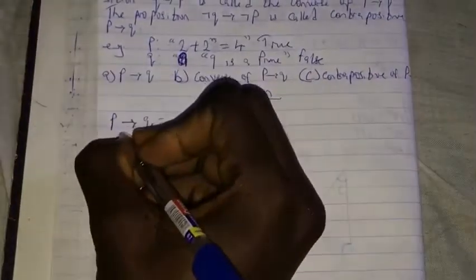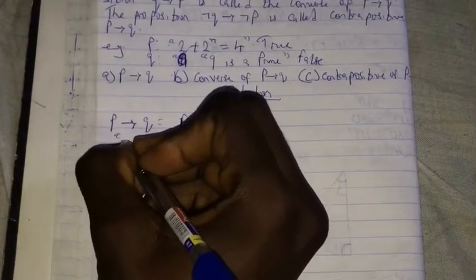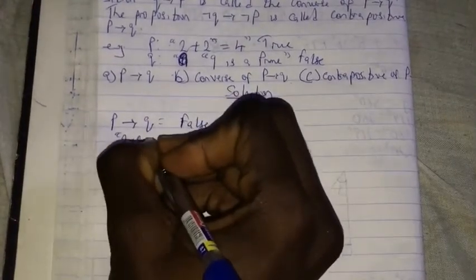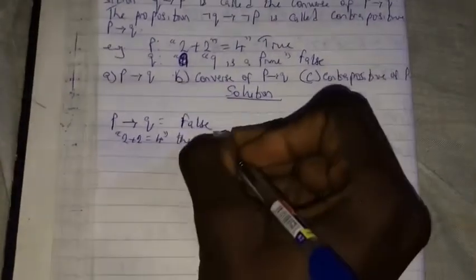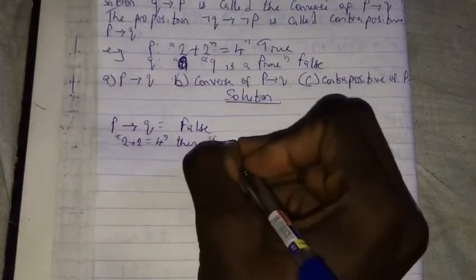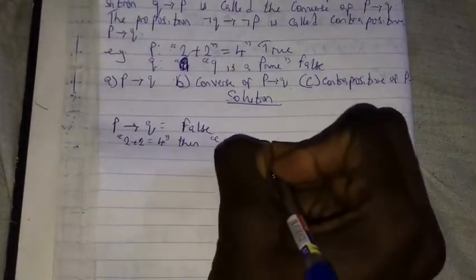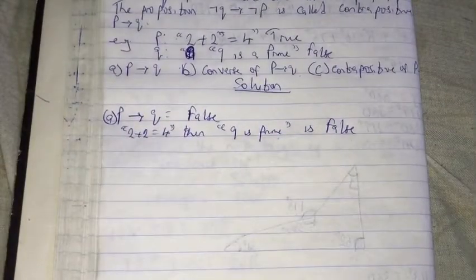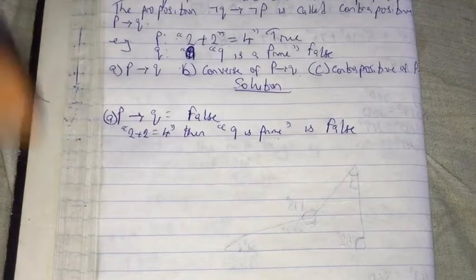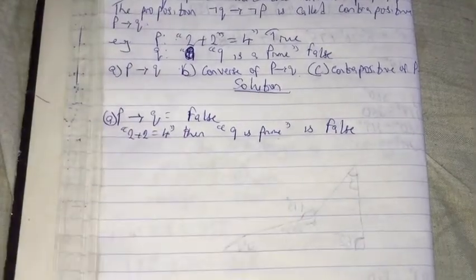Because 2 plus 2 is equal to 4, then 9 is prime, is what? False. And if you don't know what this means, you can check the description below and watch the other video before you watch this one.